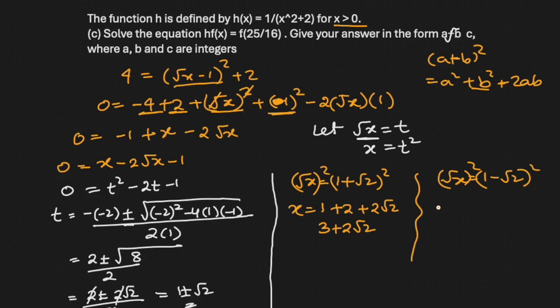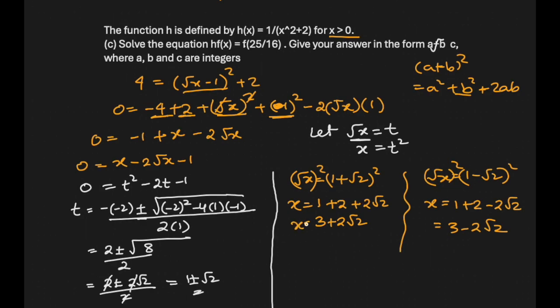Okay, what about this? x equal to 1 plus 2 minus 2 square root 2. So that is 3 minus 2 square root 2, where x is greater than 0, which was the condition right in this question. So this is okay.